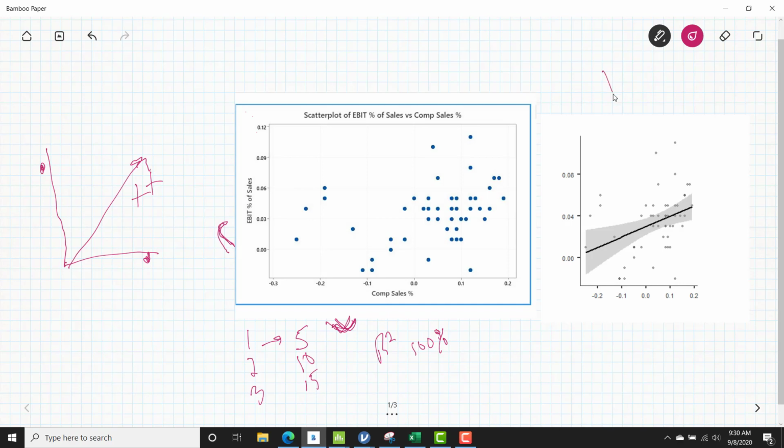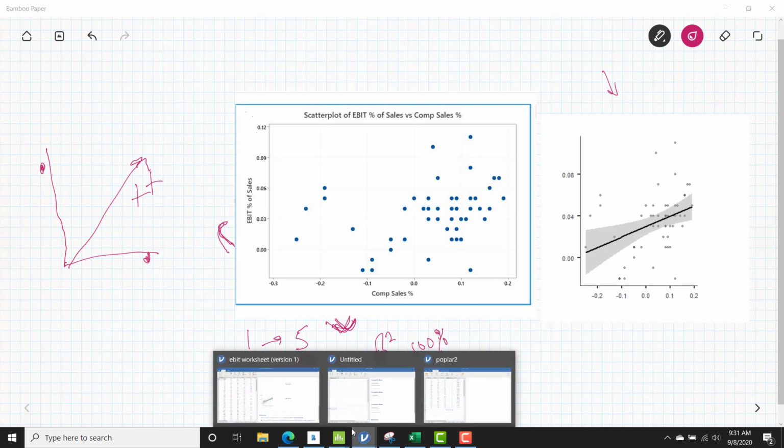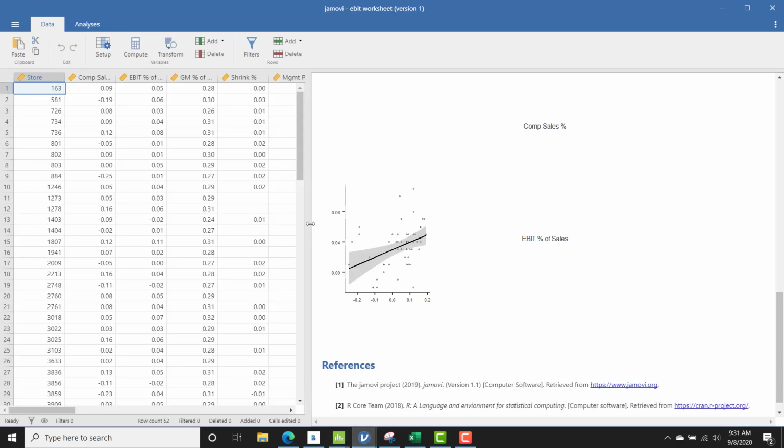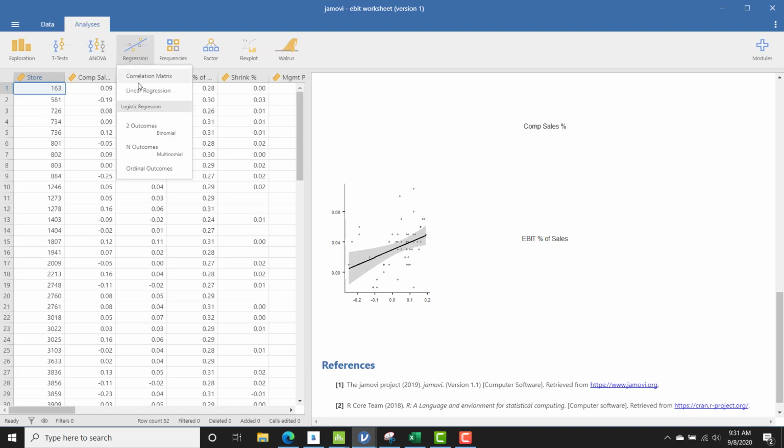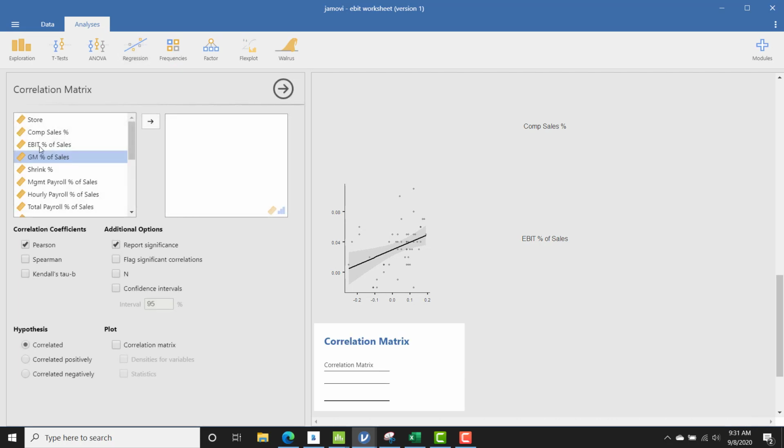Now, over here, I'm also exploring, in this example, alternatives to Minitab, and this is something called Jamovi. So let me go over there and run that. I believe this is it. Yep. I'll go over here to Jamovi. And I went into analysis, regression, correlation matrix.